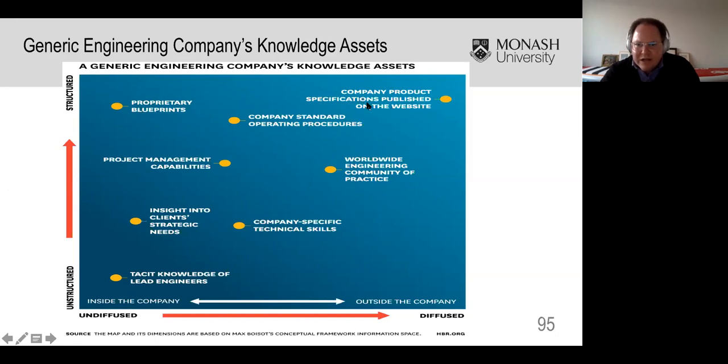And then the company product specification published on the website is, of course, super specific and super structured. But the value spot is somewhere here. Company operating procedures and proprietary blueprints, that is where the value lies. And somewhere around here are project management capabilities, so they are a central part of that.